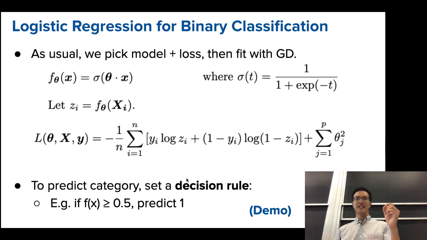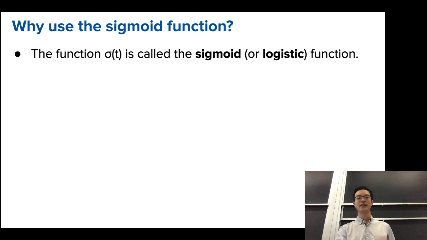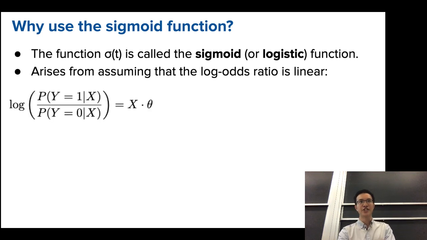So I talked about the model, and I talked about the loss, and I want to go over them again just so we can try to cement these ideas in our minds. Okay, so why use the sigmoid function? The sigmoid function arises from assuming that the log odds ratio is linear, which essentially means, once again, that the log of the probability of 1 divided by the probability of 0 is a linear function in theta.